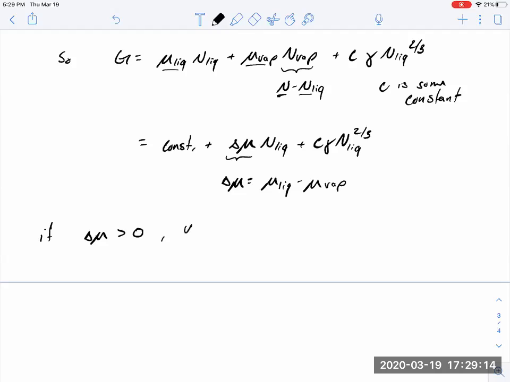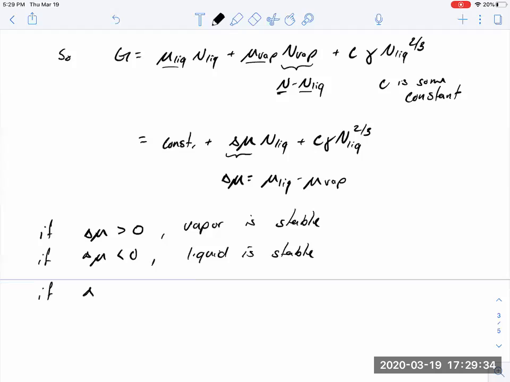That's a way of saying that the vapor is stable. If delta mu is negative, that would mean the liquid is stable. That's the direction of spontaneous flow. And finally, if delta mu is equal to 0, that would be a statement of coexistence between the liquid and the vapor.